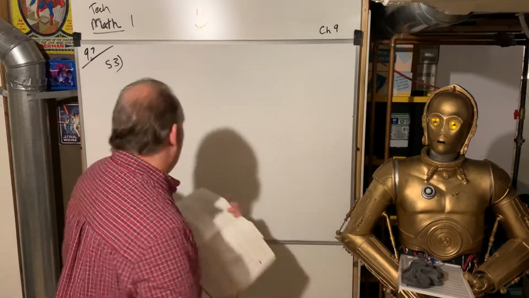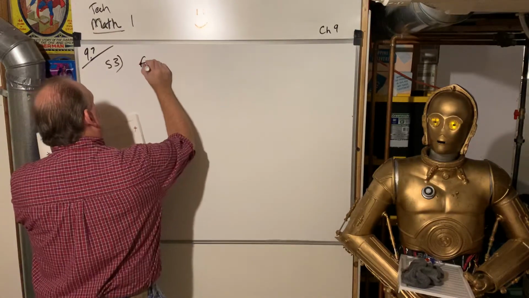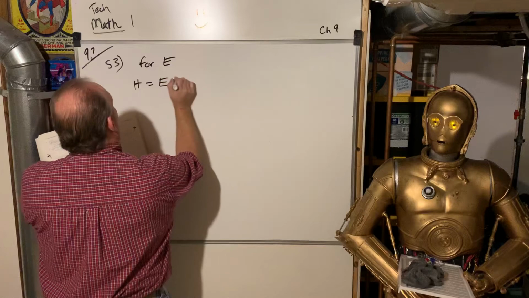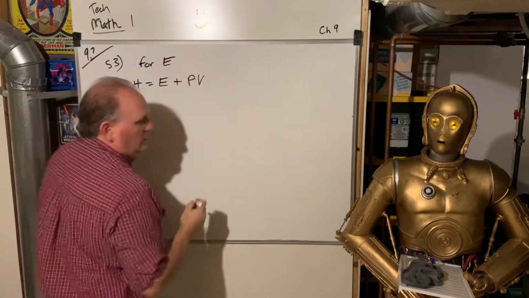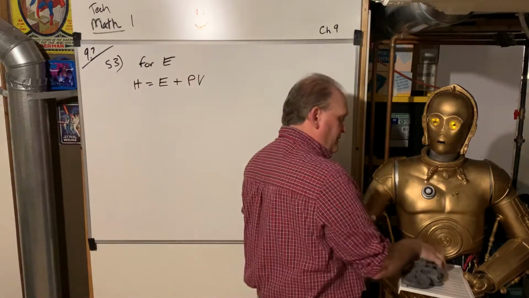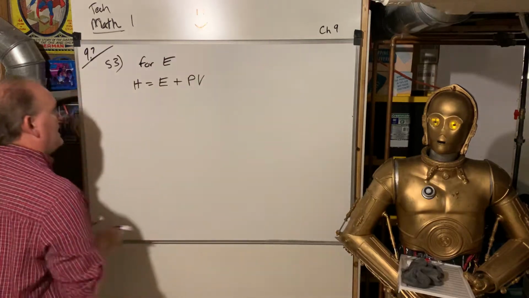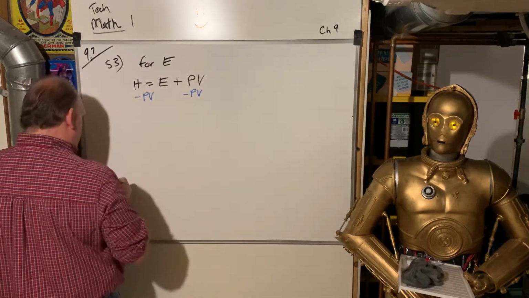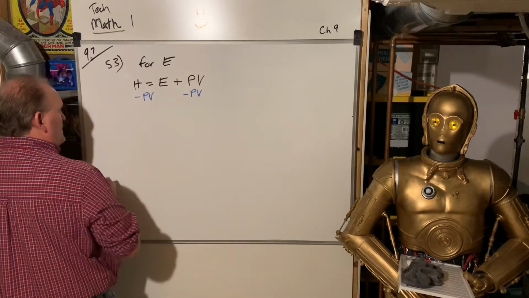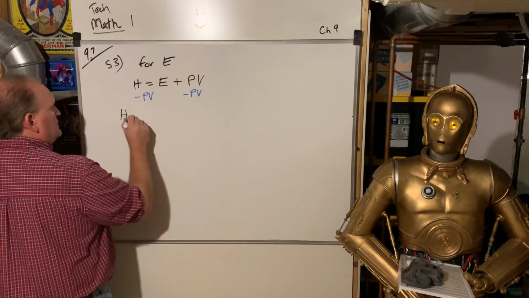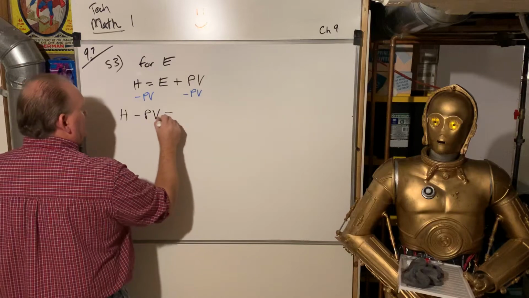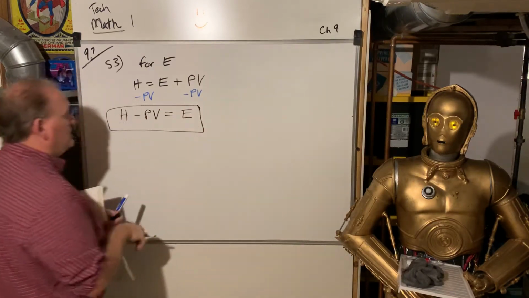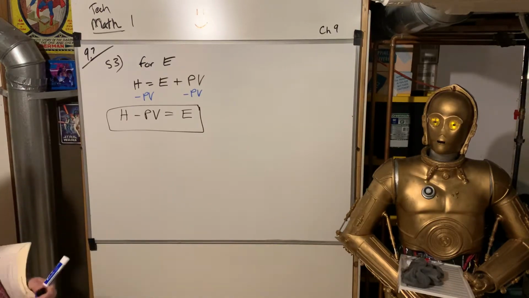They're telling us to solve for e, and they have h is equal to e plus pv. So to solve, we would subtract pv from both sides. Even though we can't actually subtract it, we're manipulating the formula or the equation. So e is equal to h minus pv.